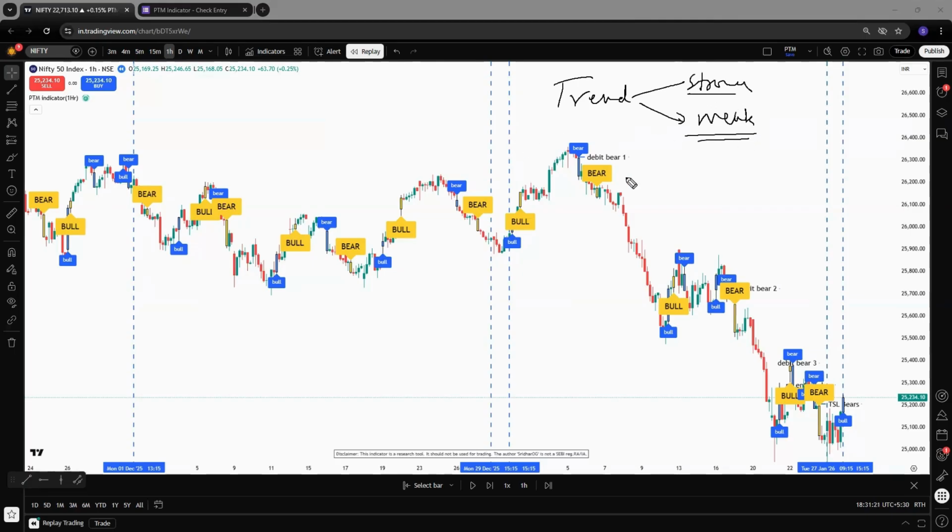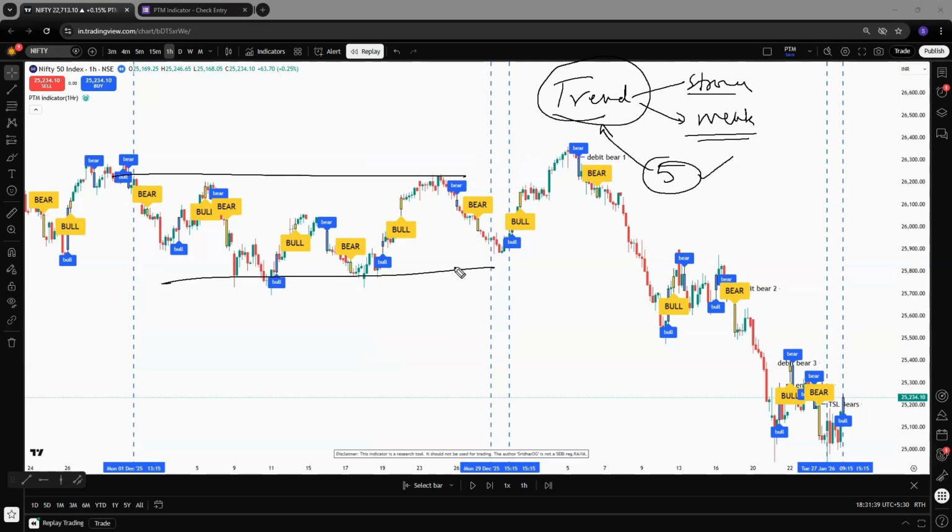All this included, I have told you this is my strategy to capture trends. If I am a part-time trader with 5 lakh capital, I have assigned it to capture monthly trends. It can be profitable, sometimes a month can go sideways and it can be a loss. That is not in my hands. But if I add another 5 lakh capital to become a full-time trader, I can spend it on PTM intraday.